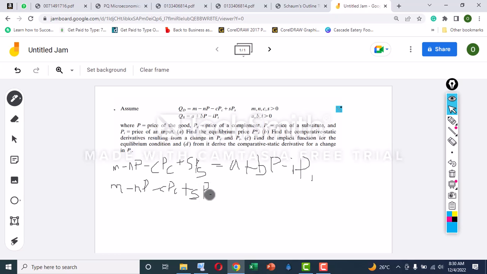Pardon my horrible writing. Sorry, this is no more equal to, this will now be minus a by the time a goes to the other side. Minus bp, it turns to minus by the time it goes to the other side. Then this will turn to plus by the time it comes to the other side, i pi, equals 0.